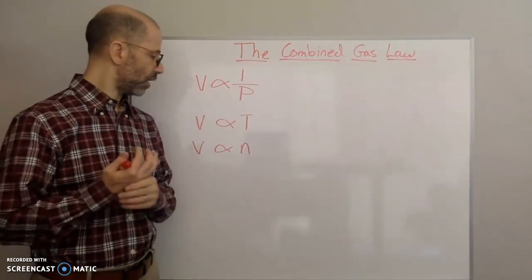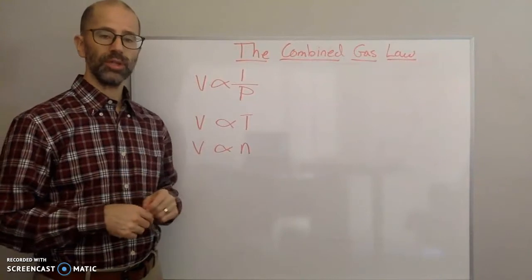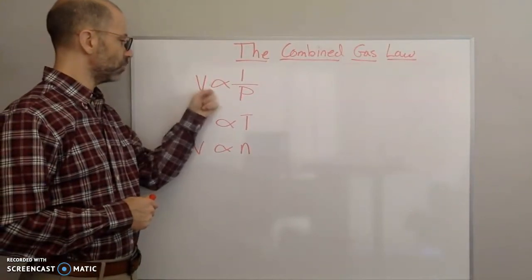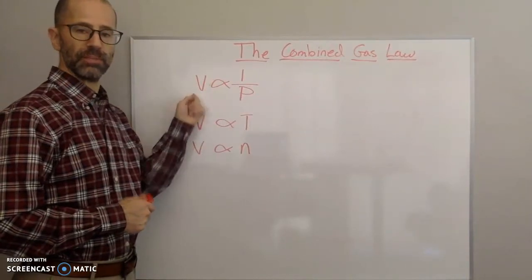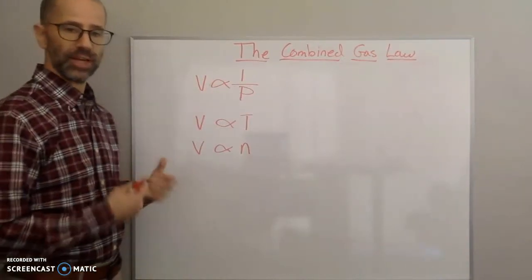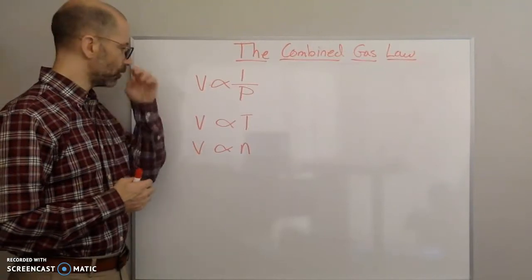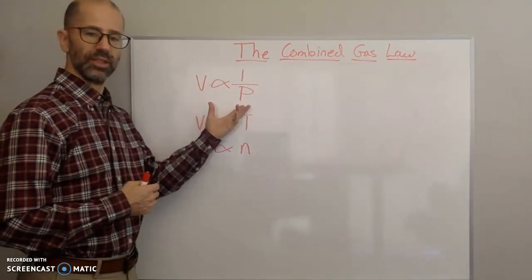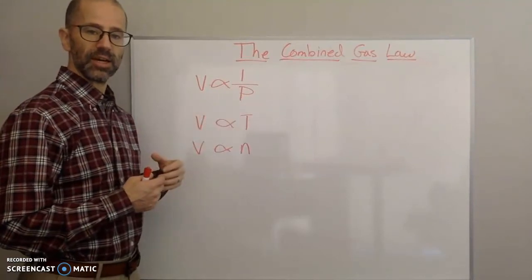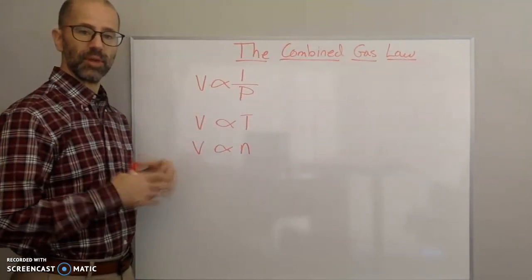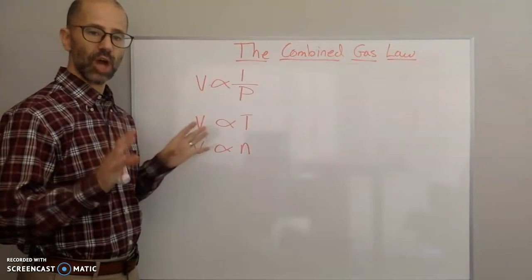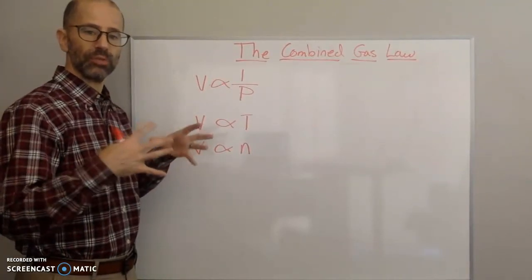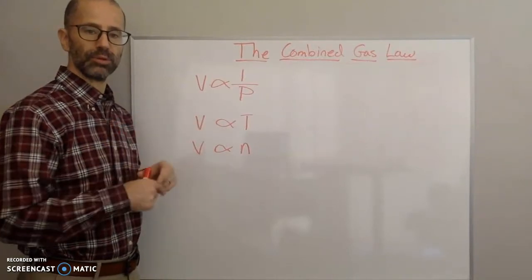So if we go back, we remember that volume is proportional to pressure. And we saw that the reason for that is, if you increase the pressure, then the particles are hitting the sides of the container harder, with more force, and that will cause the volume to increase if you've got a flexible container.